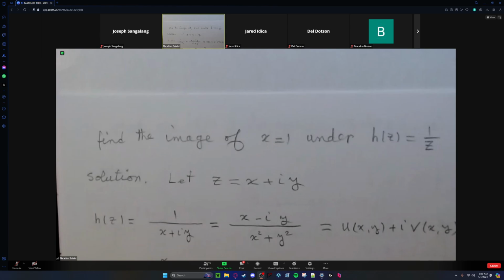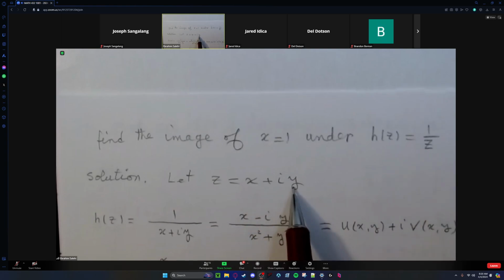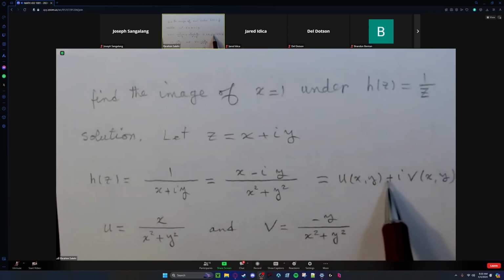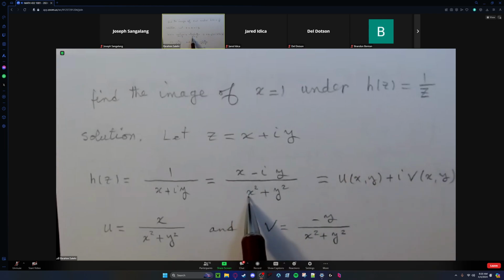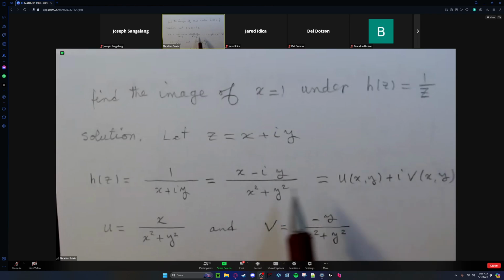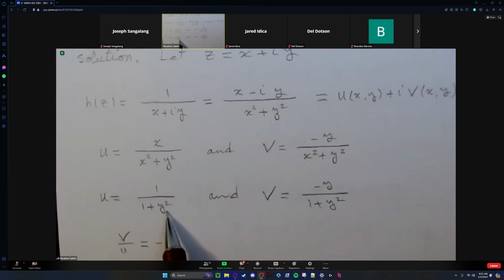So for 1 over z, here's 1 over z. When you replace z by x plus iy, this is what you get. Multiplied by the conjugate. So u, the real part, is x over this. The imaginary part, v, is negative y over this. So u and v.